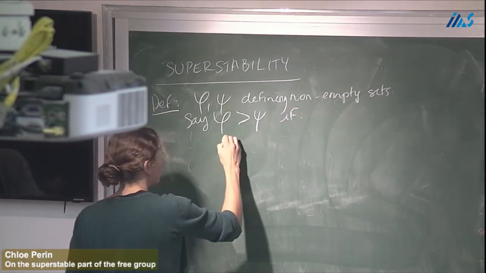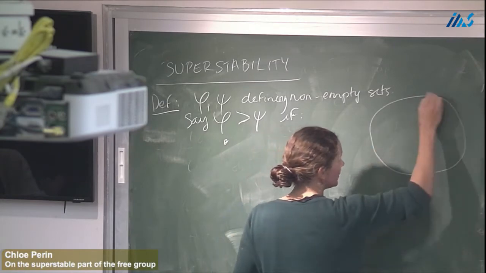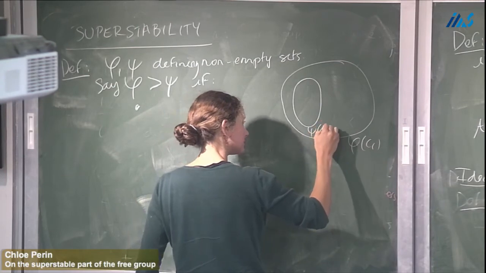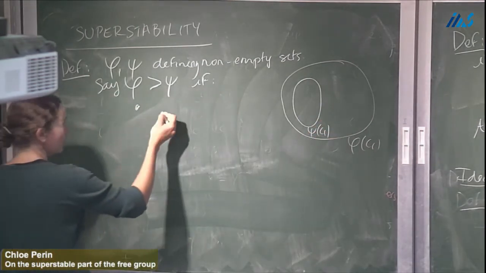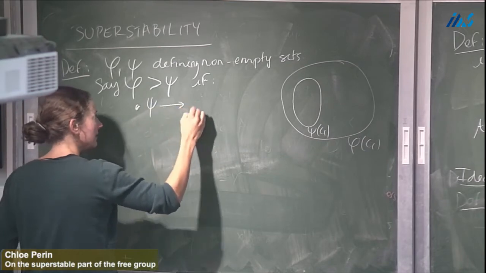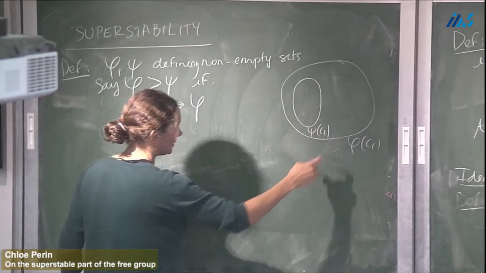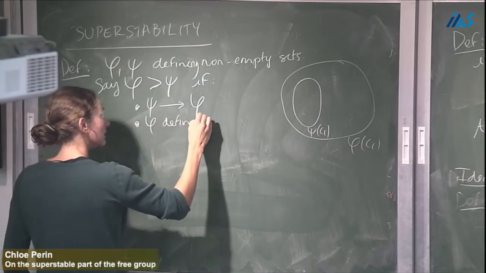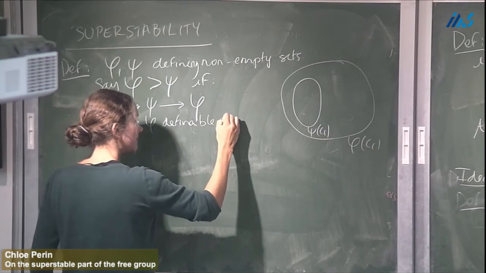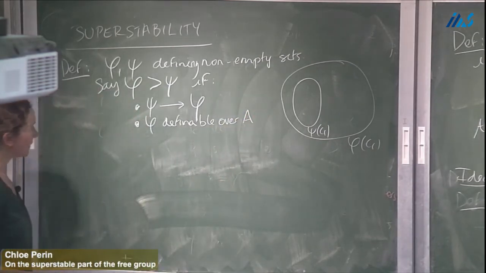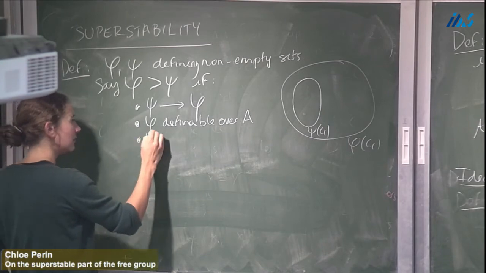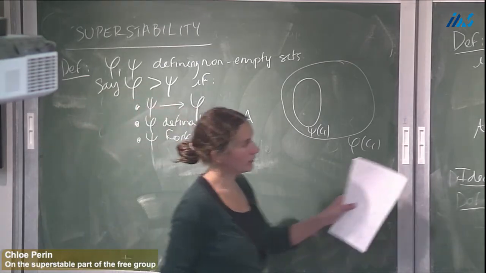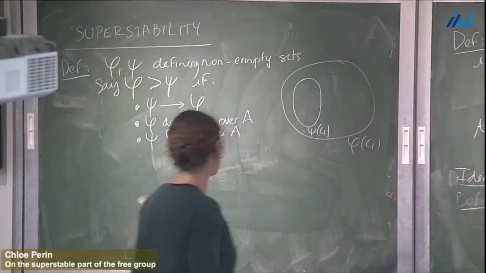First of all, if you think in terms of definable sets, you have phi of G and psi of G. You want that psi implies phi, so it means that this set is contained in this set, and that phi is definable, say, over some set of parameters A, and psi forks over A. Okay, so it's exactly the picture that is drawn here.